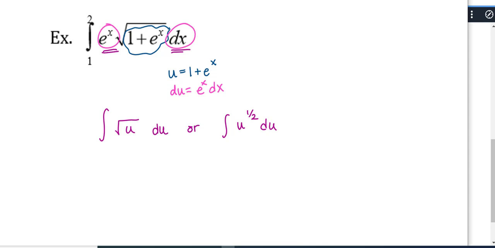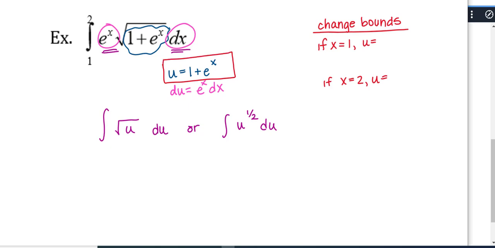Well, I need to change my bounds because again, we are in single variable calculus. So if x is 1, that's my lower bound. I'll try to figure out what u is. And if x is 2, I will substitute that in and see what u is. And again, you're going off of that relationship equation that you wrote from the very beginning.